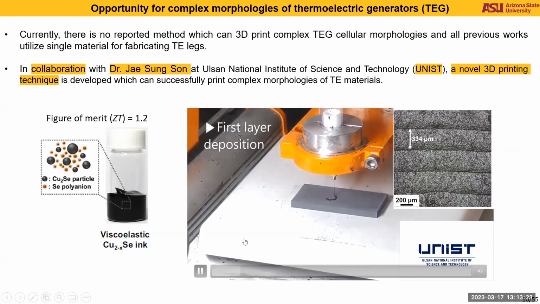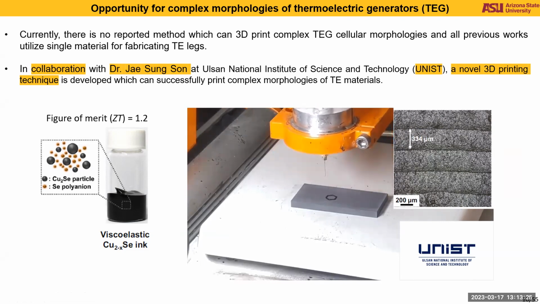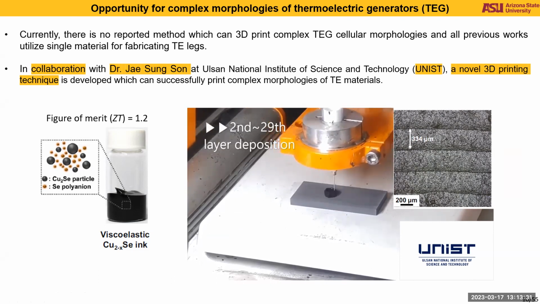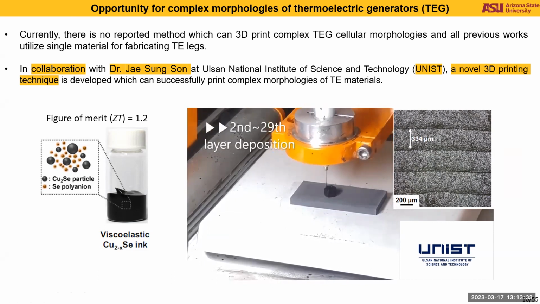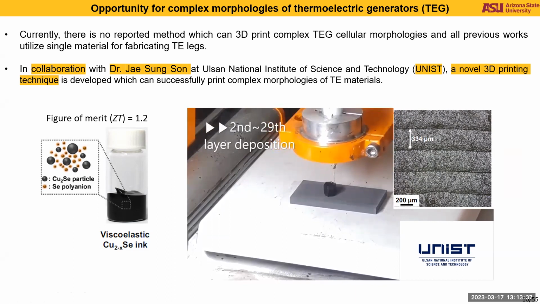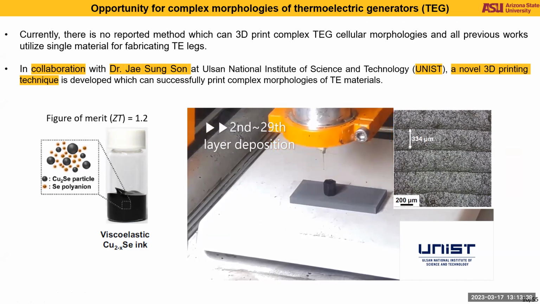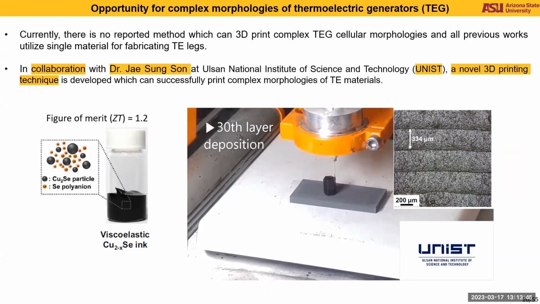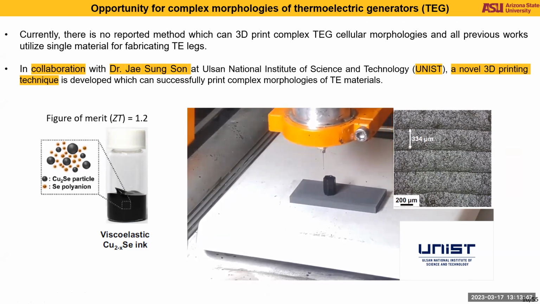We start off by printing the first layer of the material, and then we deposit another 28 layers on top of it. And in the end, we deposit the 30th layer. So using this printing technique, you can basically fabricate any shape of thermoelectric leg.